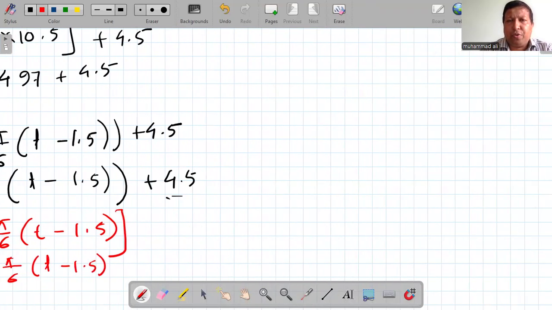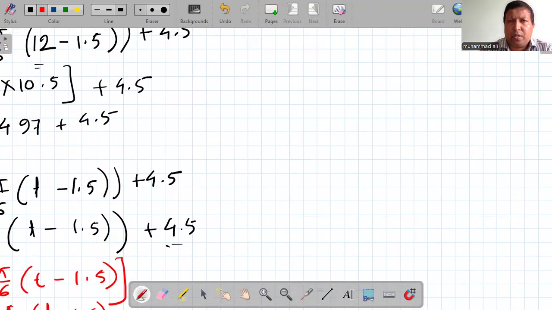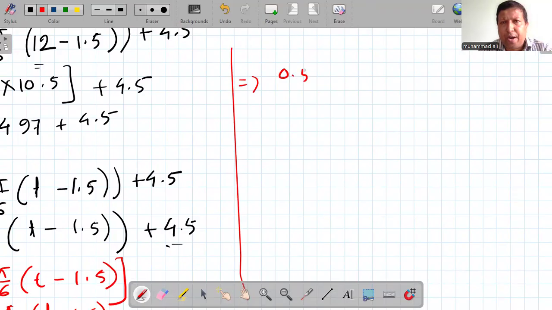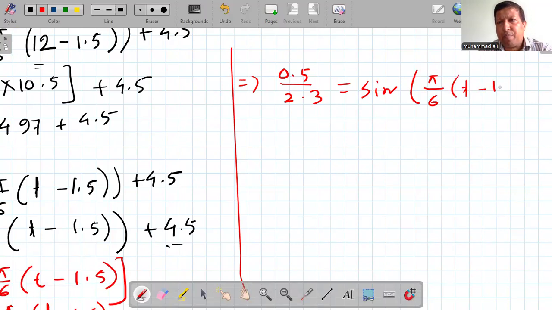So if we do the calculation here, we can write 0.5 divided by 2.3 equals sine pi by 6 bracket t minus 1.5.